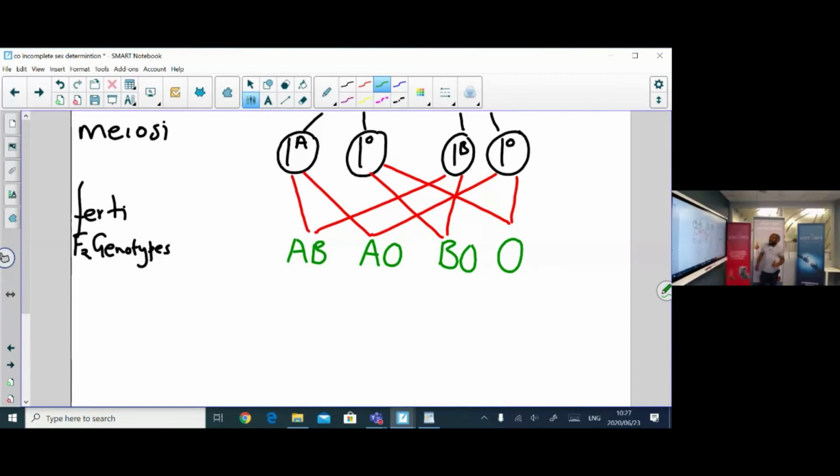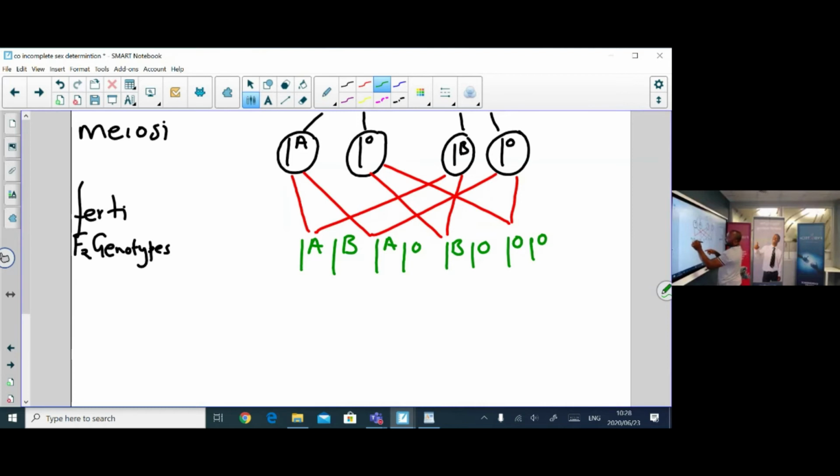That's how we write it. Let me put it as A, that's what I get, and B. I still get A and O. Here I get B, and my O. Then I can write them again properly.